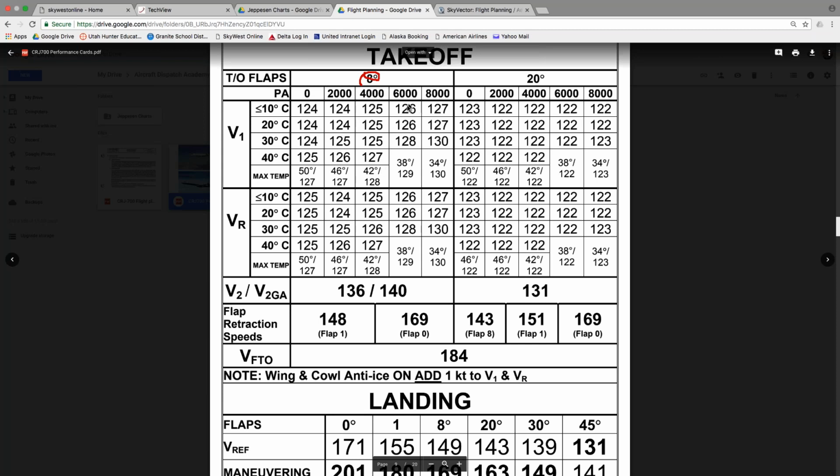What was our temperature? 18. Somewhere in there. Right? So you choose V1, VR, and V2. I'll just say 126, 126, 136.